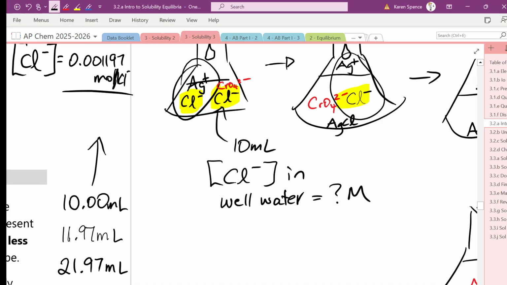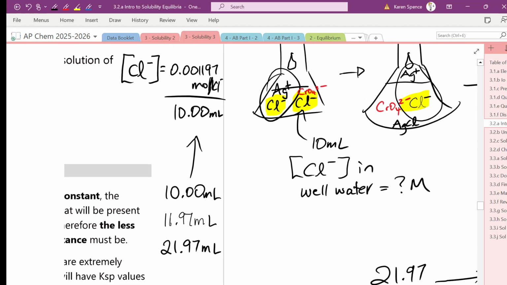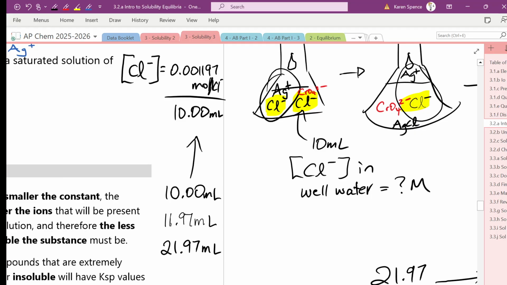How much well water did we have? 10. When you are titrating, never combine volumes. Okay? When you are titrating, never combine volumes. You're always going to treat the two volumes separately, one for the silver, one for the chloride, or one for the acid, one for the base.